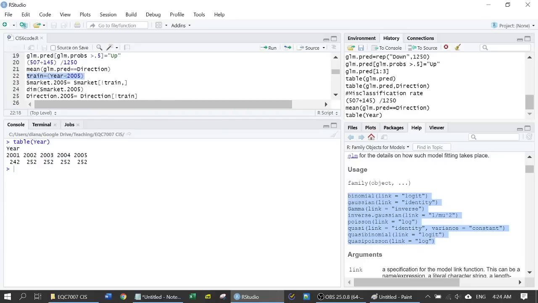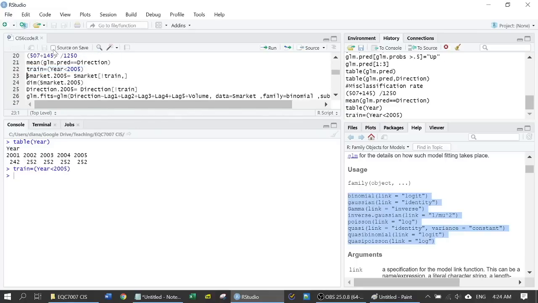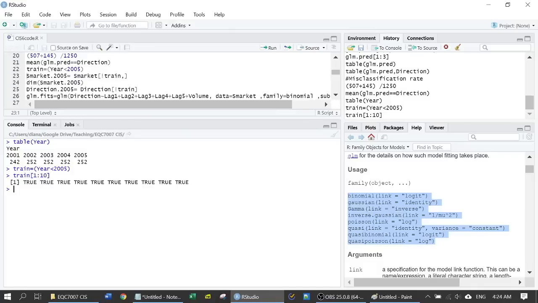So this is different from the way we divided the training and the testing data set before. So now let us just run train is equal to year less than 2005. Basically, if you want to know the value for train, I just want to list down from 1 to 10.